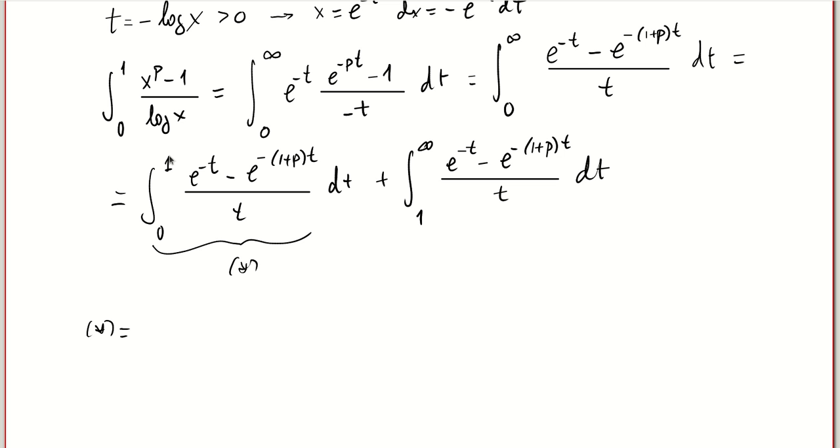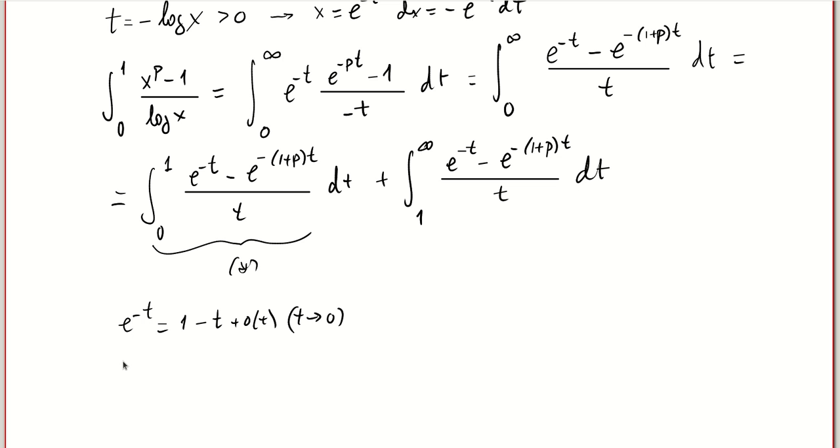No problem at 1. The only problem would be at 0. It's potentially at 0, but however, at 0, this function here, e to the minus t, is equal to 1 minus t plus o(t) when t goes to 0.